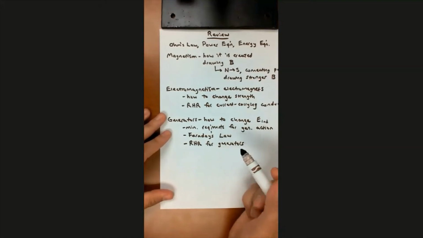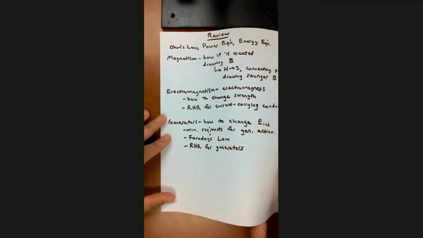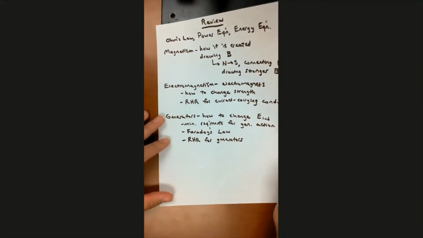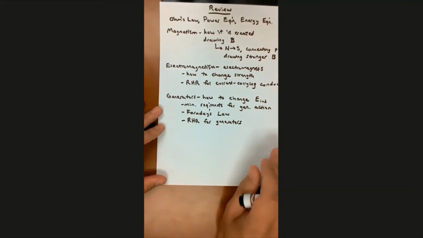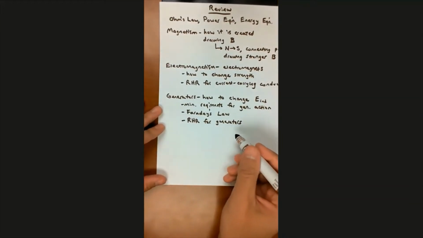All right, but just remember, what you get is an induced voltage, and that causes current to flow. All right, you don't directly get an induced current, you get an induced voltage. And then if you have a complete circuit, you'll get current to flow.